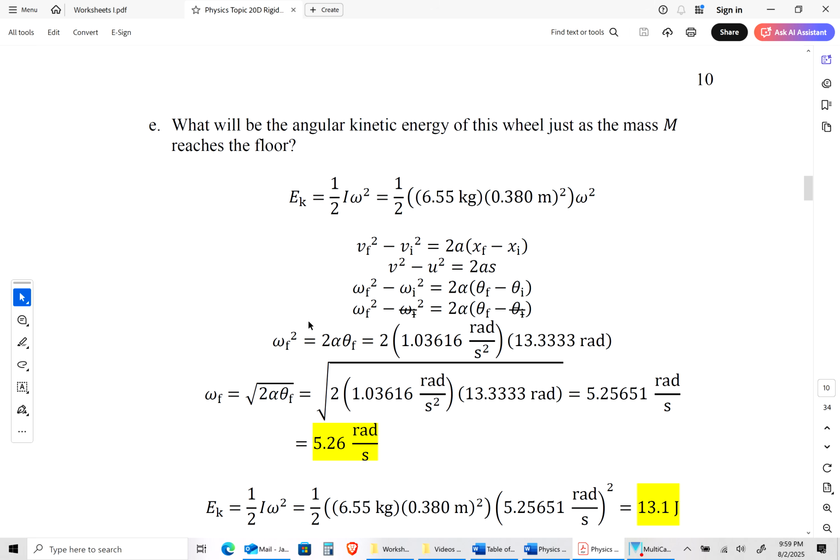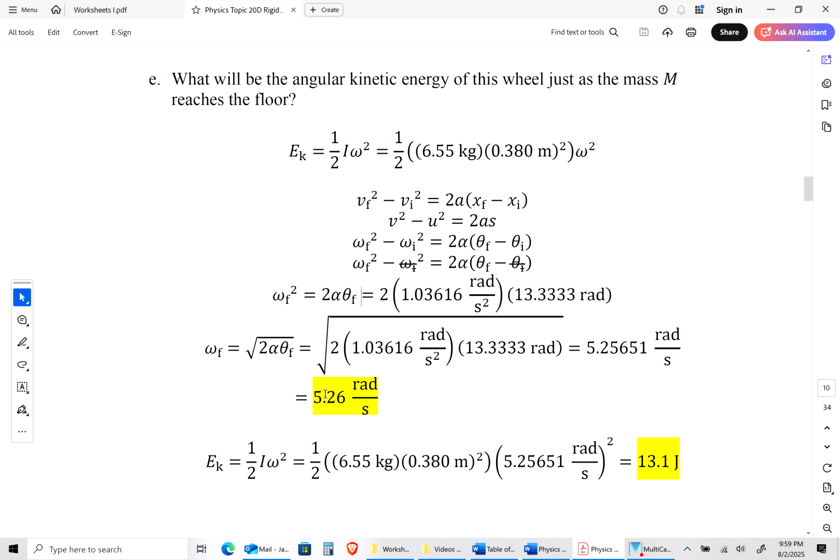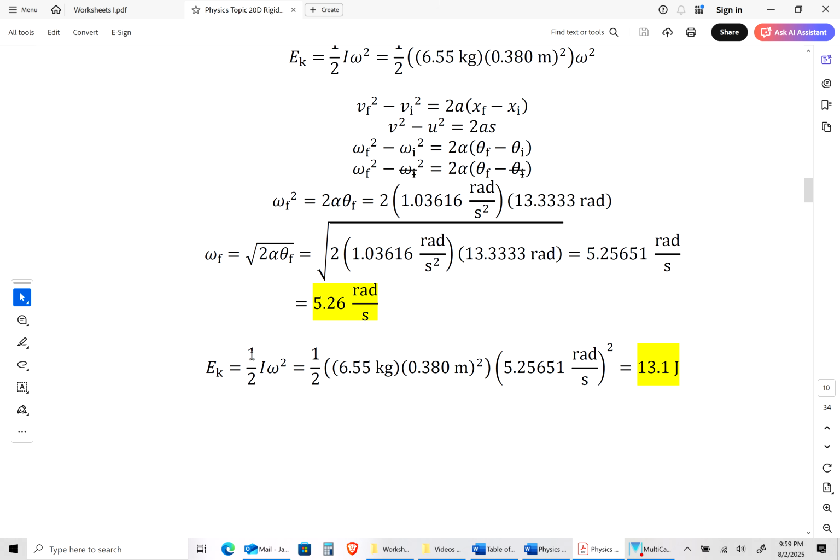So solving for omega final squared, we get 2 alpha theta final. Take the square root to get this to be omega. Kinetic energy is 1/2 I omega squared, to get our results.